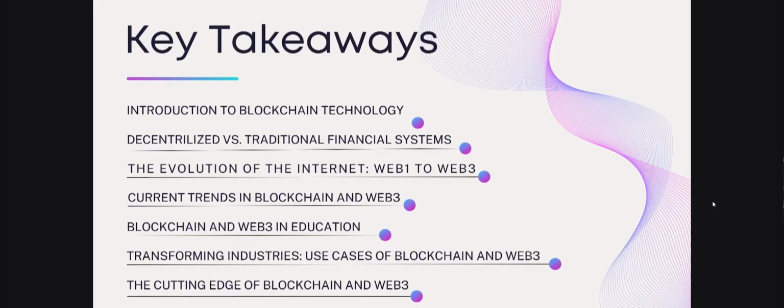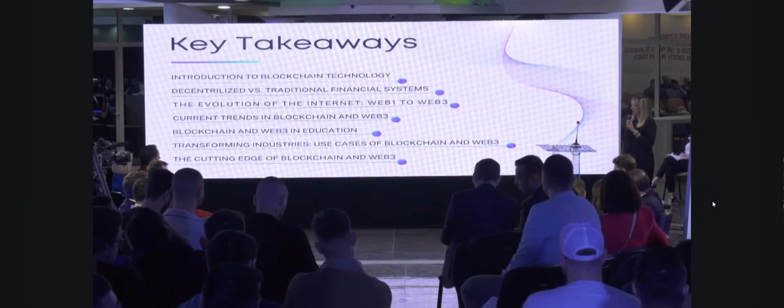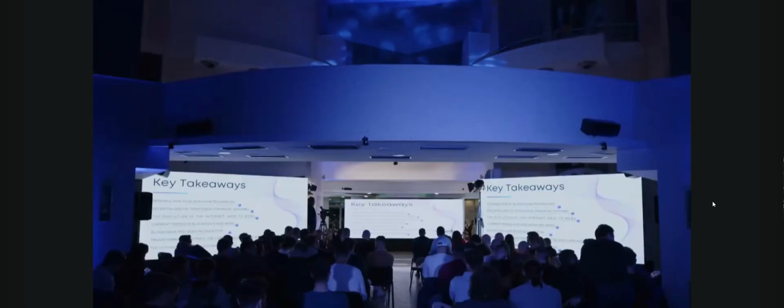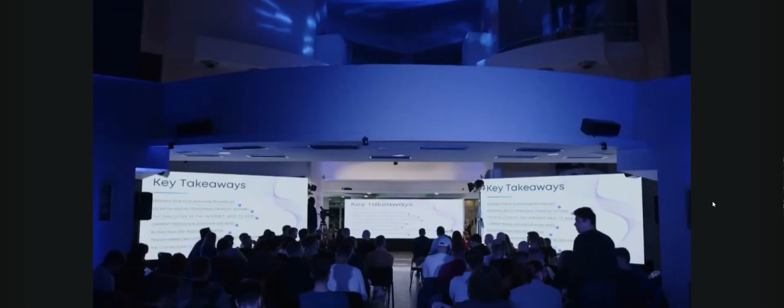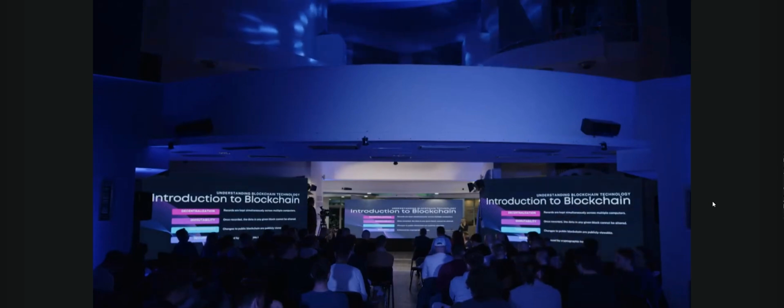Then what are the current trends in the blockchain and the Web 3, and why it's important to have the blockchain and the Web 3 in the educational system? How the industries are transforming, what are the use cases, and of course, what is the cutting edge right now as a technology.